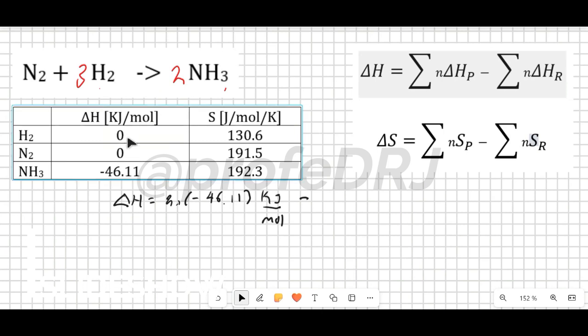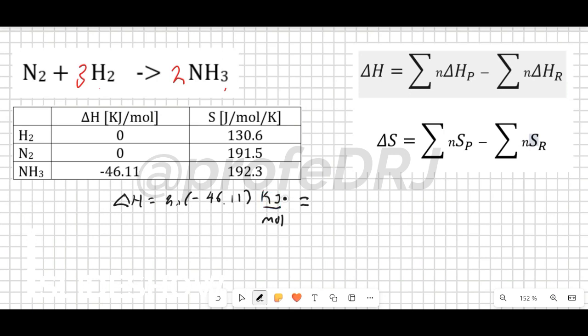The value is 0, so 1 multiplied by 0 is 0. And for the next, 3 multiplied by 0 is 0, so we can put just this value.